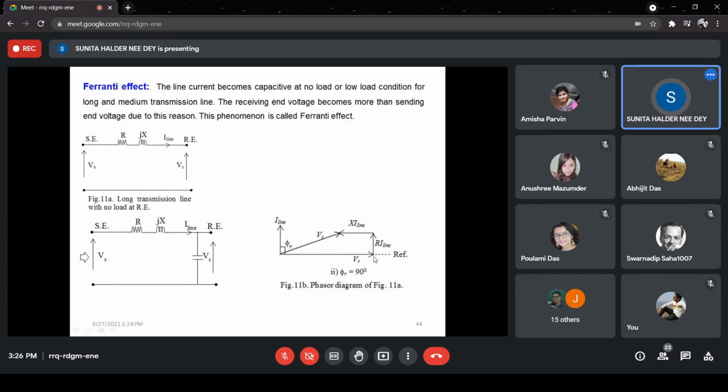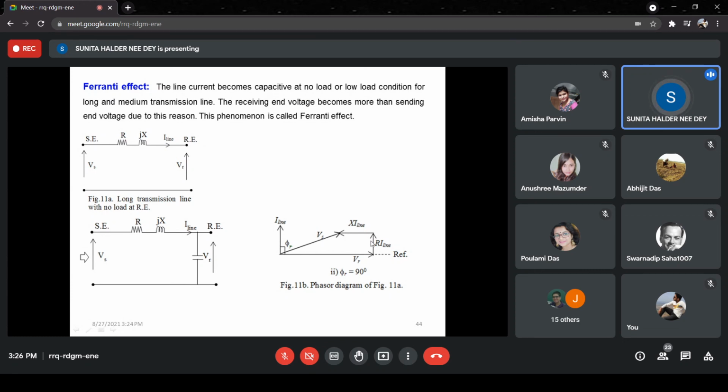In that case, for the 135 kV set at the sending end, the receiving end voltage will be higher than 135 kV, which was initially 132 kV when there was load. So there will be a voltage rise.